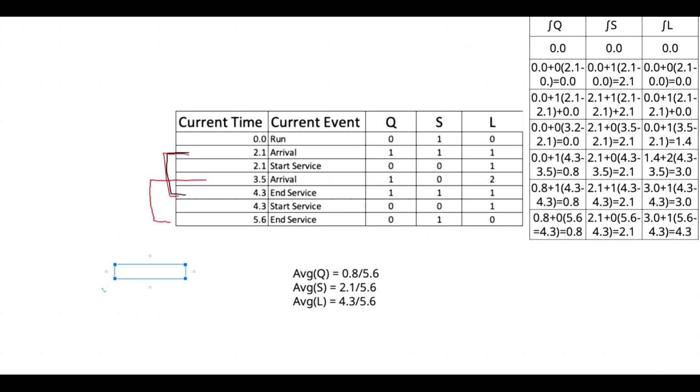And then the second guy left at time 5.6 and showed up at time 3.5. We have 2 observations. We divide by that, and what do we get? This is 1.4, and this is 0.8.